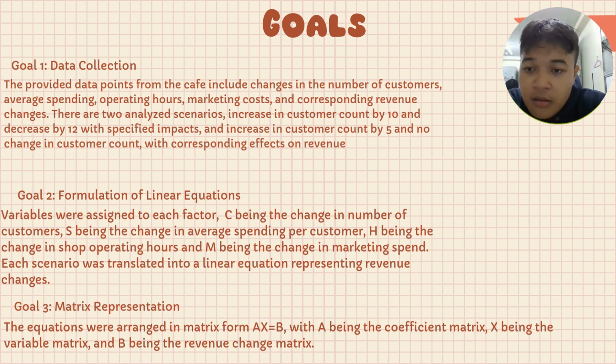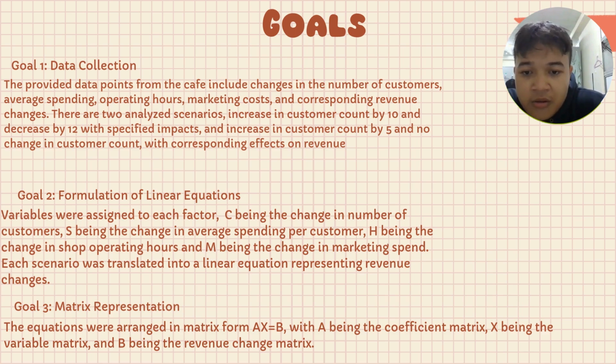Then in step 2, we have formulation of linear equations. Variables were assigned to each factor: C being the change in number of customers, S being the change in average spending per customer, H being the change in shop operating hours, and M being the change in marketing spend.